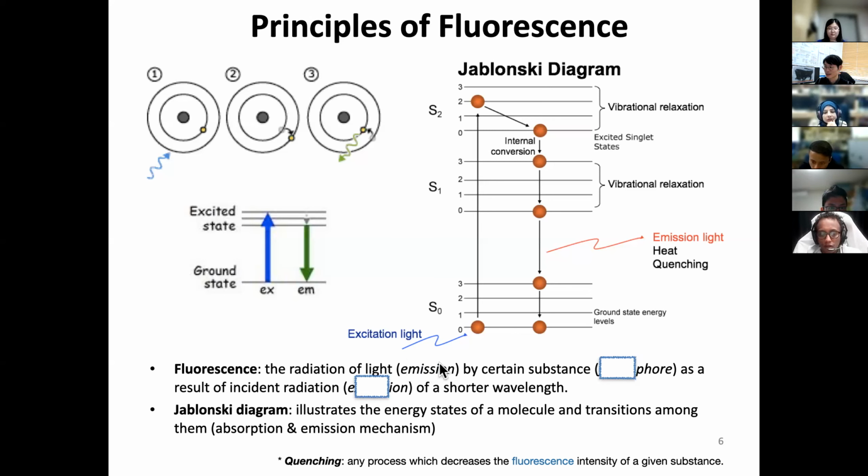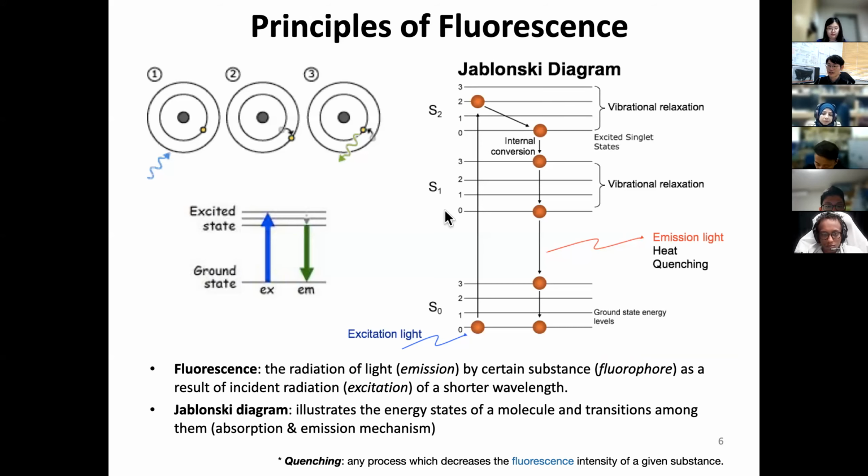Emission. Yes, emission by a substance. That's what we call a fluorophore. Exactly, because it fluoresces light, and that is as a result of incident radiation. The incident radiation is excitation. Exactly, and excitation has a shorter wavelength.